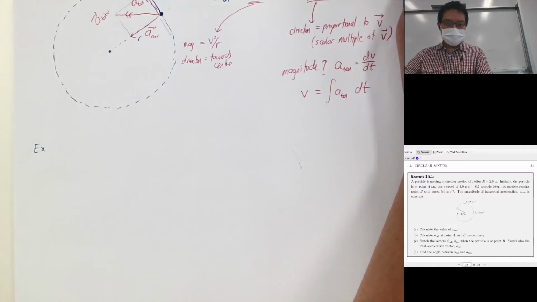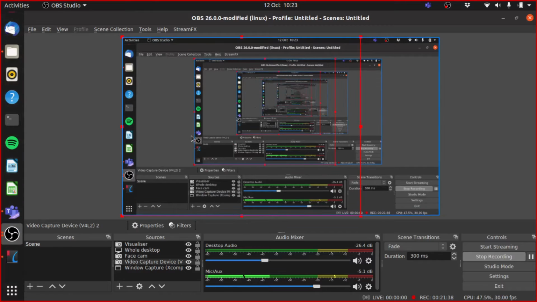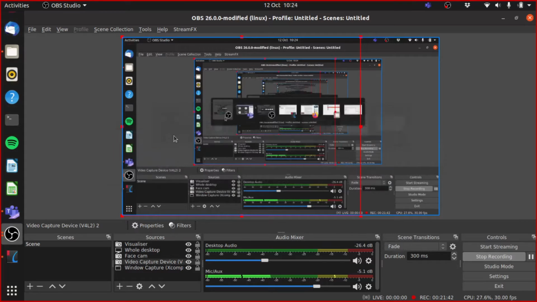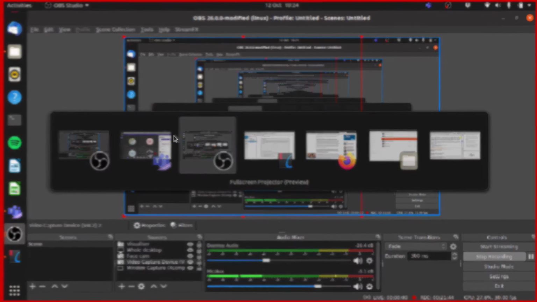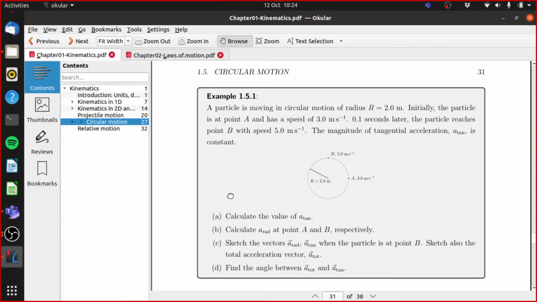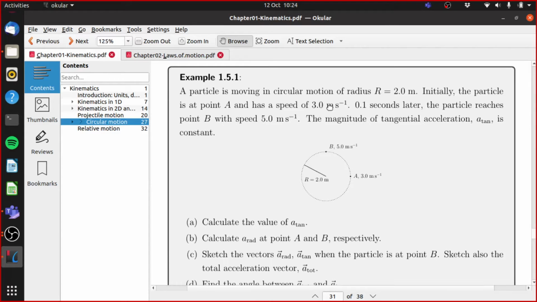Example 1.5.1. So we have a particle moving in a circular motion of this radius, 2 meters. Initially it is at point A. So point A is over here. And then the speed is 3 meters per second.